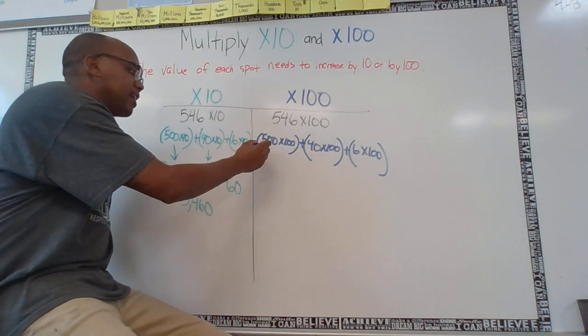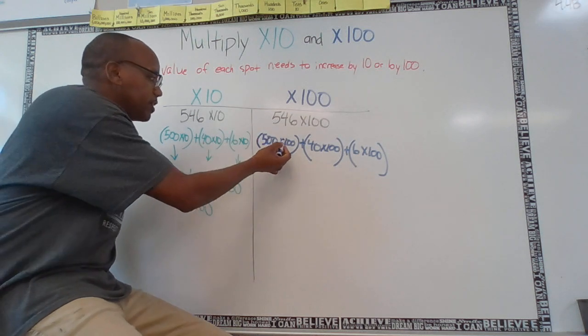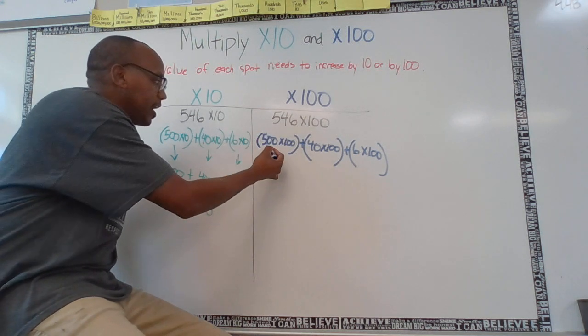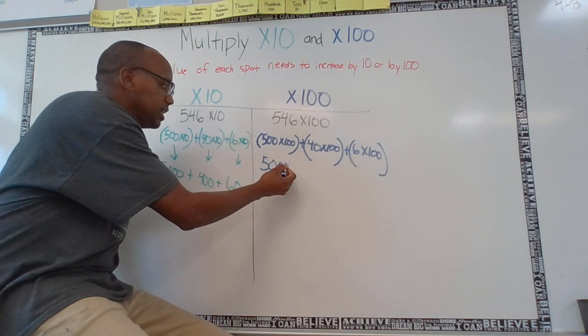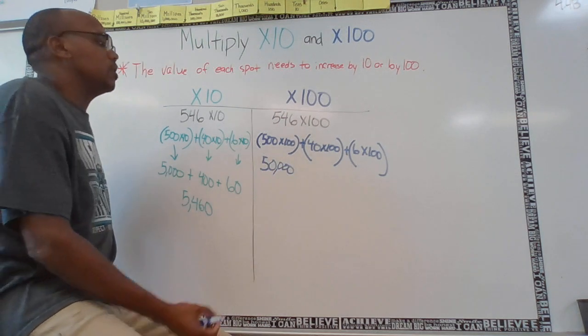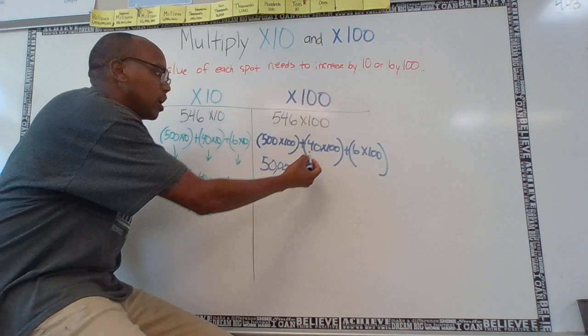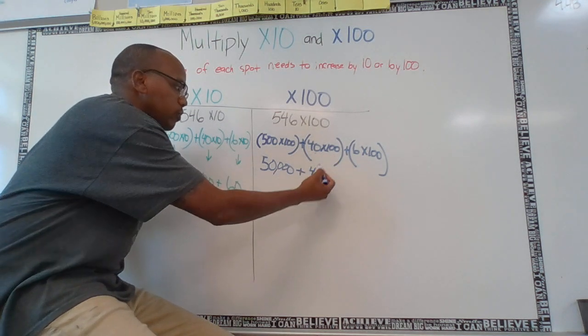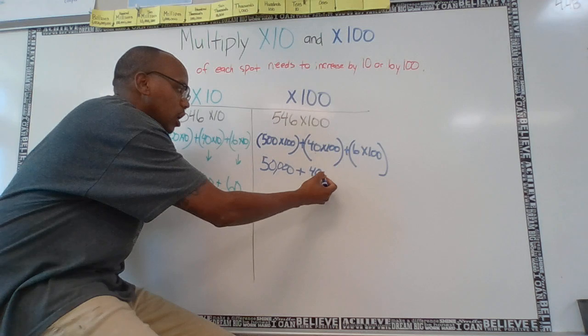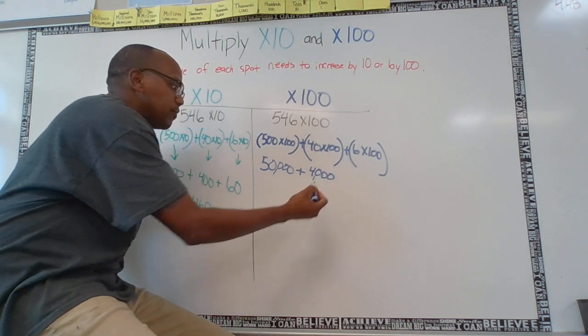Now here, 500 times 100, well, 5 times 1 is 5. I have 1, 2, 3, 4 zeros. That's 50,000. Plus 4 times 1 is 4, and I have 1, 2, 3 zeros. That's 4,000.